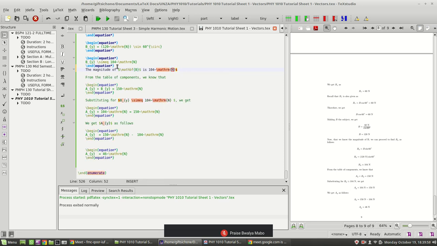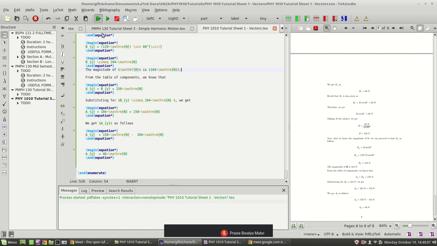So we are looking for the angle vector A makes. But for us to find the angle vector A makes properly, we actually need to look at where the components are.